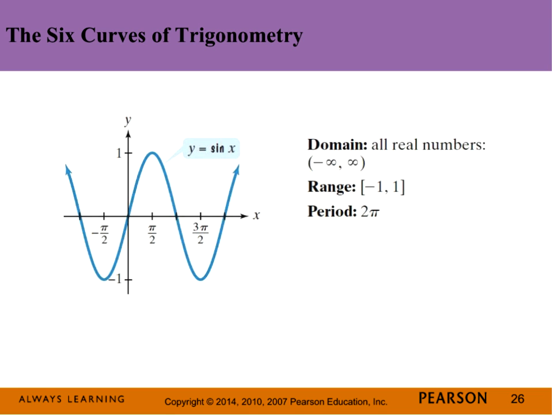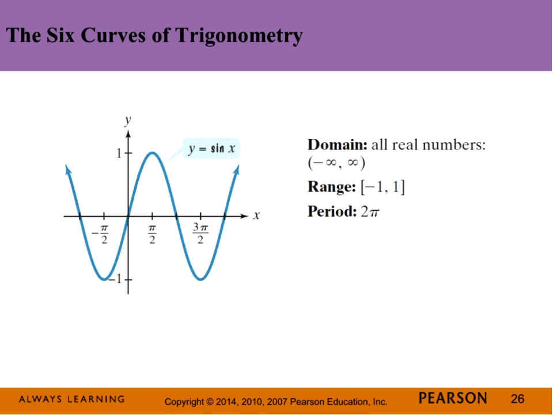Okay, so there's nothing left to do per se in this lesson, but I did want to include just sketches of the 6 curves of trigonometry just for reference sake. So here you're looking at the sine function. Remember, you can remember the difference between sine and cosine because cosine starts at positive 1 and then coasts down.